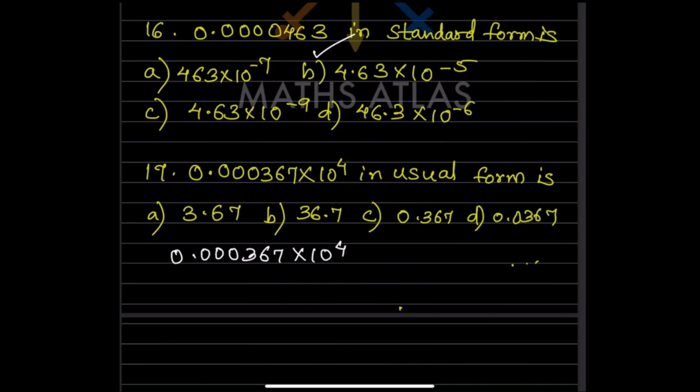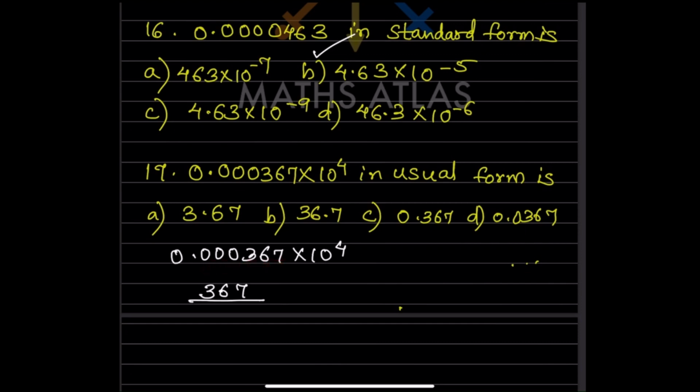So we can also write this as 367 divided by, for this one, first we'll write here 367 divided by, how many zeros are here? 1, 2, 3, 4, 5, 6.